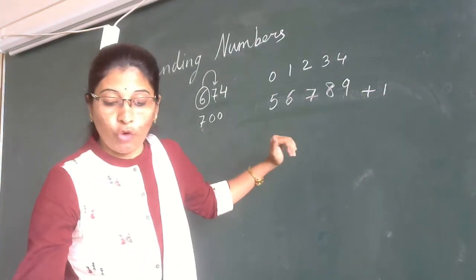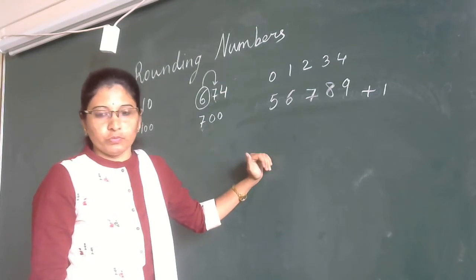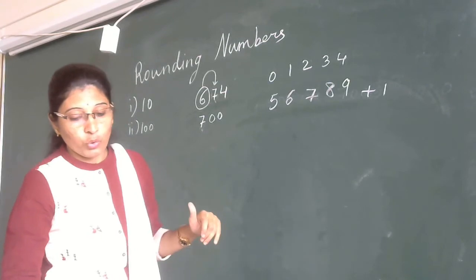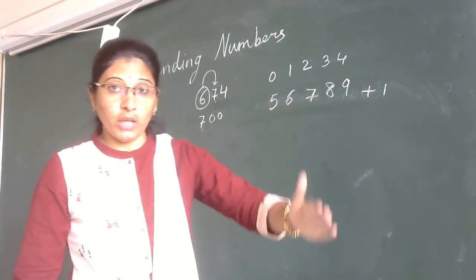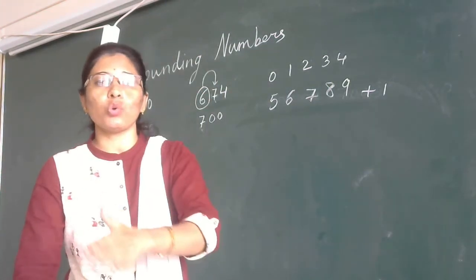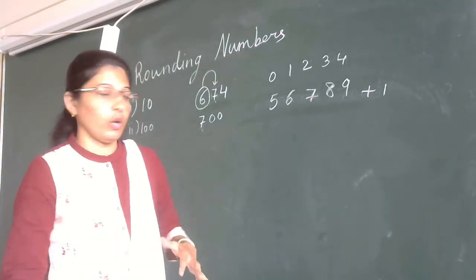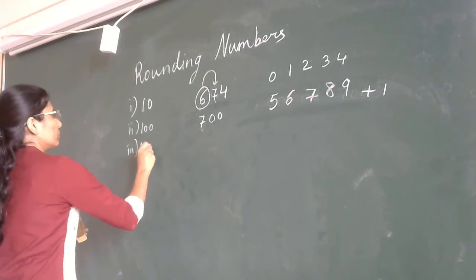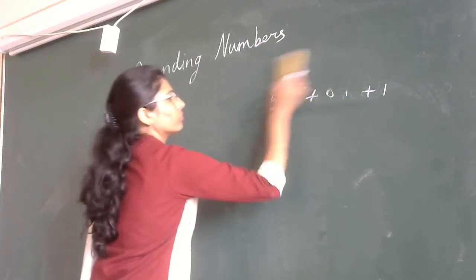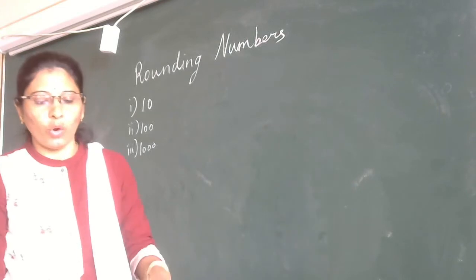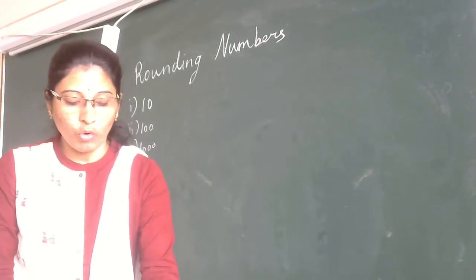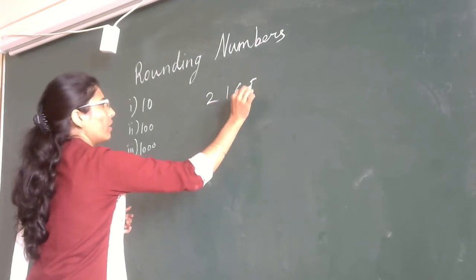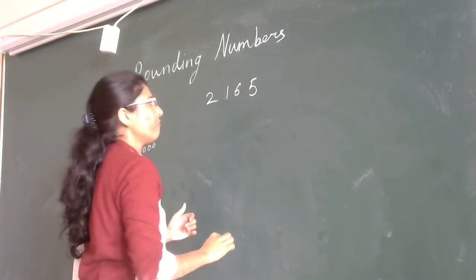Similarly we can round off to 1000 also. To round off to 1000, first what we have to do? We have to round off to 1000, 2000, 3000, 4000 like that. Okay. So when we are rounding off to 1000, that time what we have to do? For example, if we take 2165.